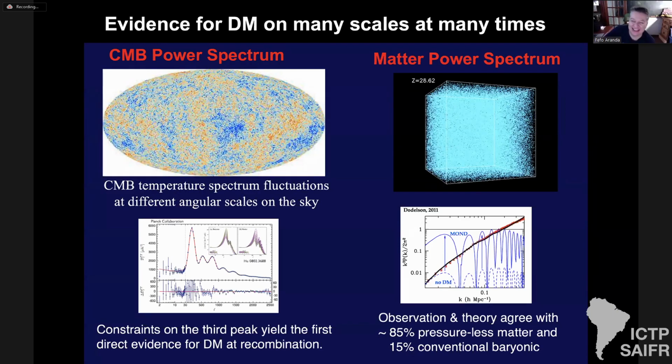But the devil is in the details, of course. I think we need to better understand the small-scale behavior of the universe. That's the area where I would be most interested in understanding what we can do with different types of dark matter, and it is the area I'm interested in at this moment.